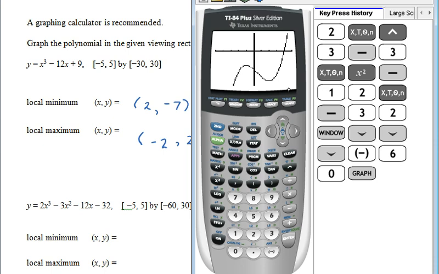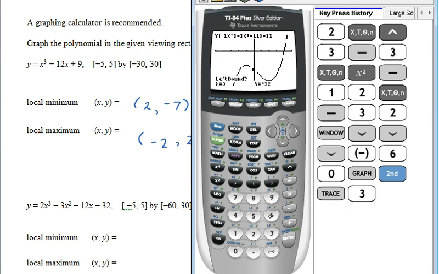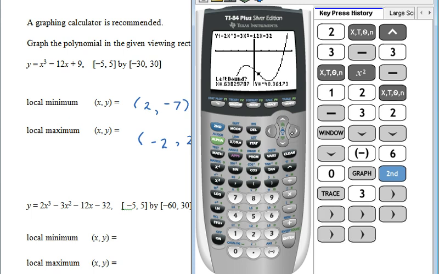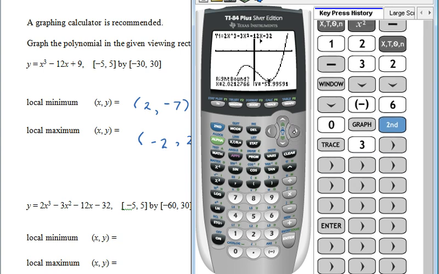So let's do the minimum first. Let's do second trace, which will give us calculate. 3 for minimum. Move the cursor a little bit closer, but still to the left of the local minimum. Press enter. Then move the cursor to the right of the local minimum.